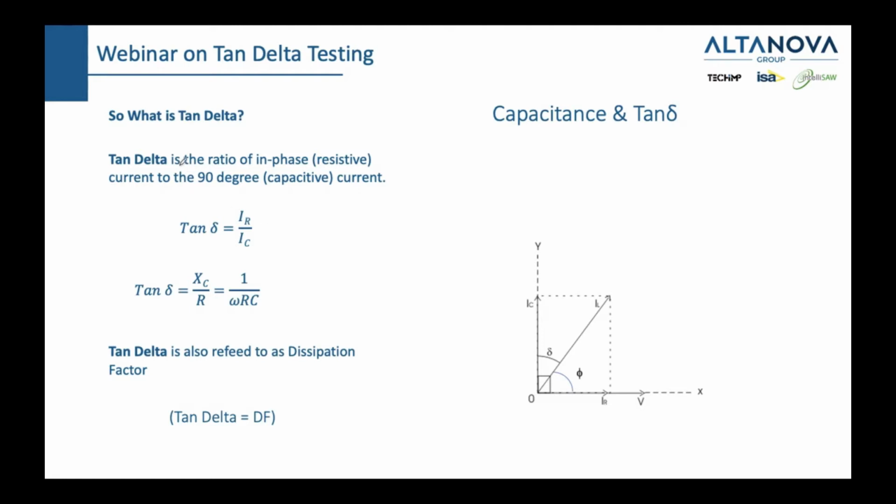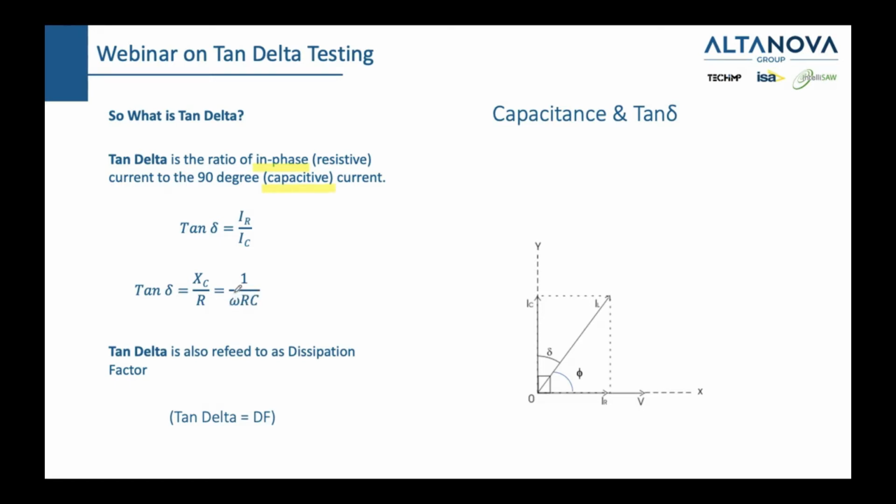Tan delta is the ratio of in-phase or resistive current to a 90-degree or capacitive current. So tan delta is IR over IC. If we play a little bit with the formula, we can also see that tan delta is the reciprocal value of omega RC.